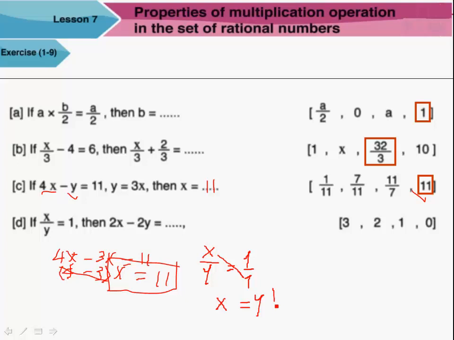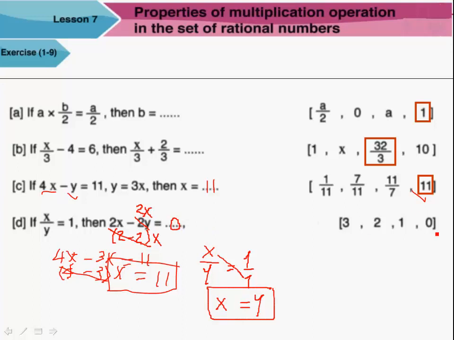So we have x is equal to y. So we can replace 2y with 2x. Okay, take x outside the bracket. So we will have 2 minus 2. 2 minus 2 is 0. So 0 multiplied by x is equal to 0. 0 times any variable or any number is equal to 0.